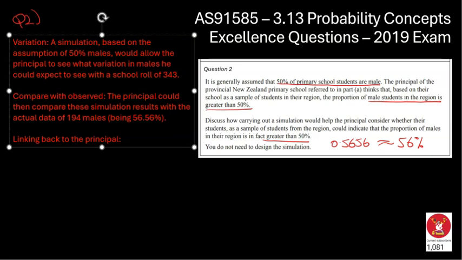In which case it's okay, and it's probably just due to randomness, and that means maybe 50% of the community are males. Or if the data is really, really far off, it probably means there's more males in the community.